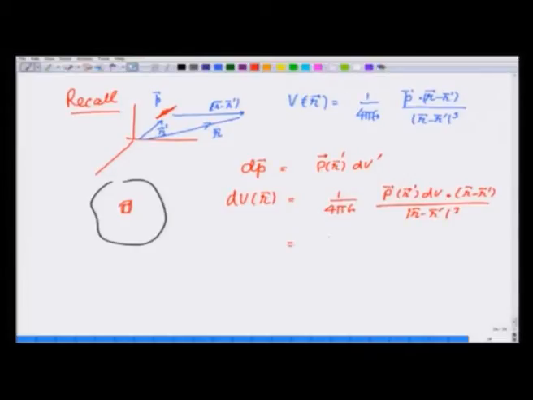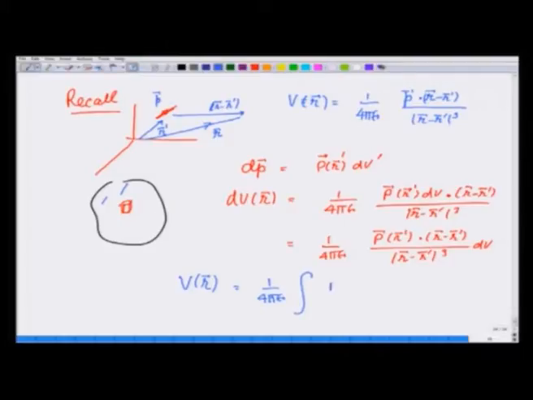And therefore, the net potential V at r due to this distribution all over the space is going to be equal to 1 over 4 pi epsilon 0 integration of P of r prime dot r minus r prime over |r minus r prime| cubed dV prime.